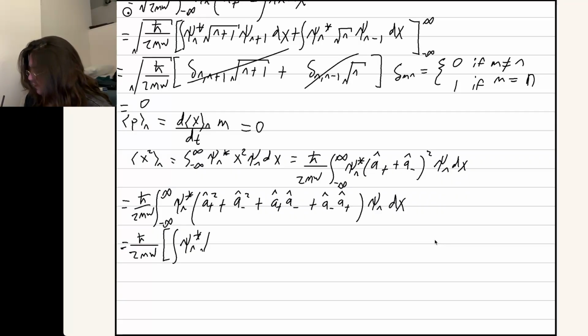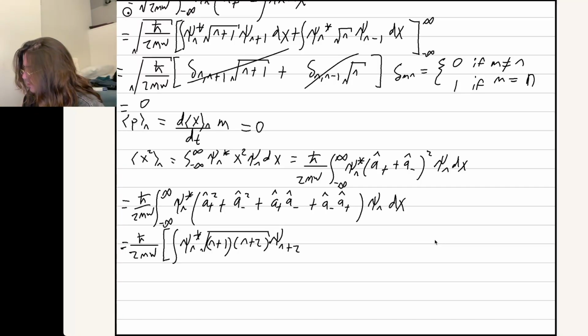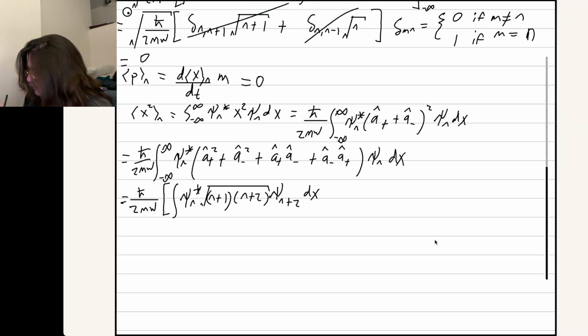So we'll get a factor of n plus 1 and also a factor of n plus 2 acting on psi n and integrating over all space. Or actually, this isn't psi n anymore. This is psi n plus 2 because we acted with the raising operator 2 times. Right? So that's that piece.